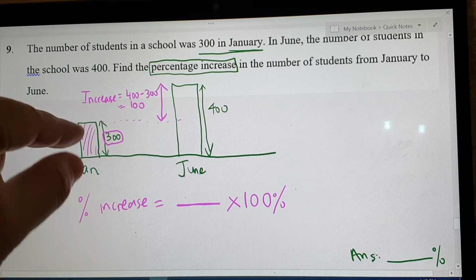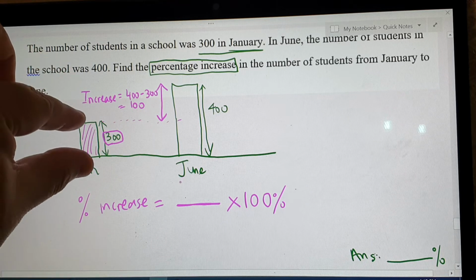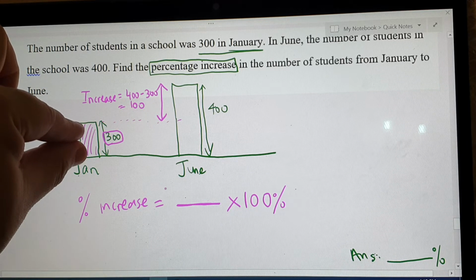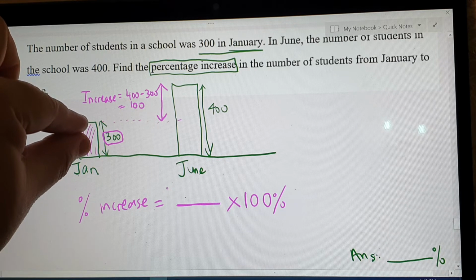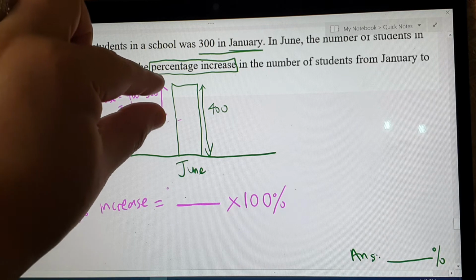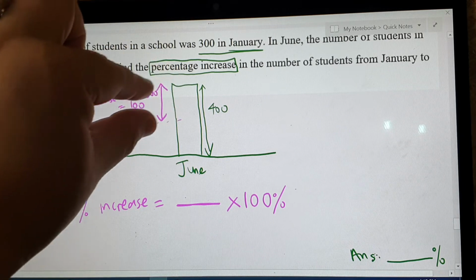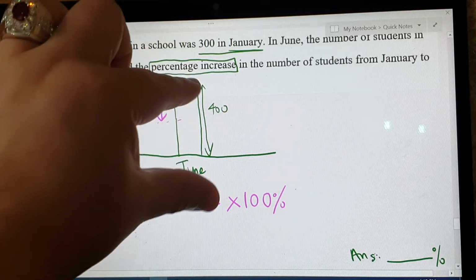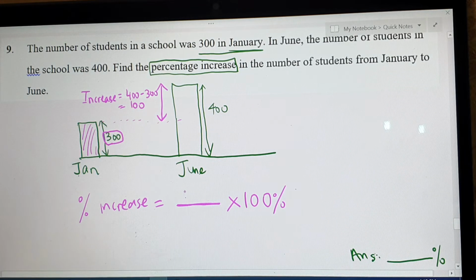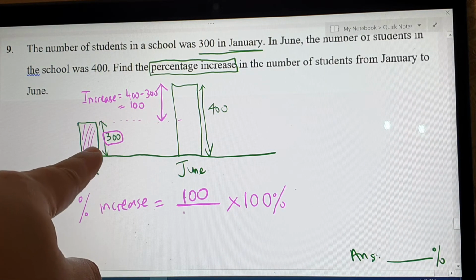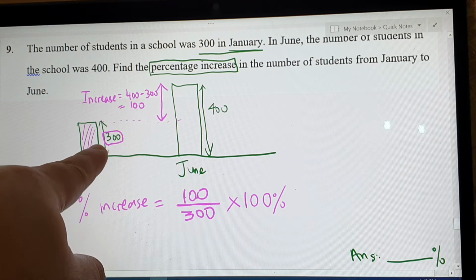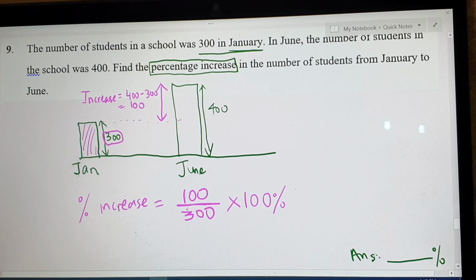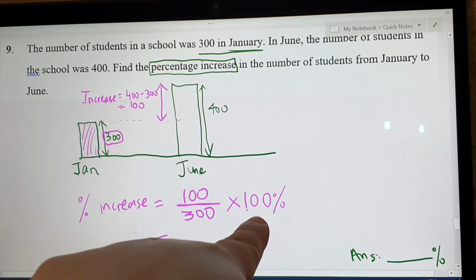Do you understand that from the original 300, you have increased by another 100? That means 300 plus 100 is 400, right? So the increase is 100. You must always divide by the original, which is 300. And then you must times 100%.